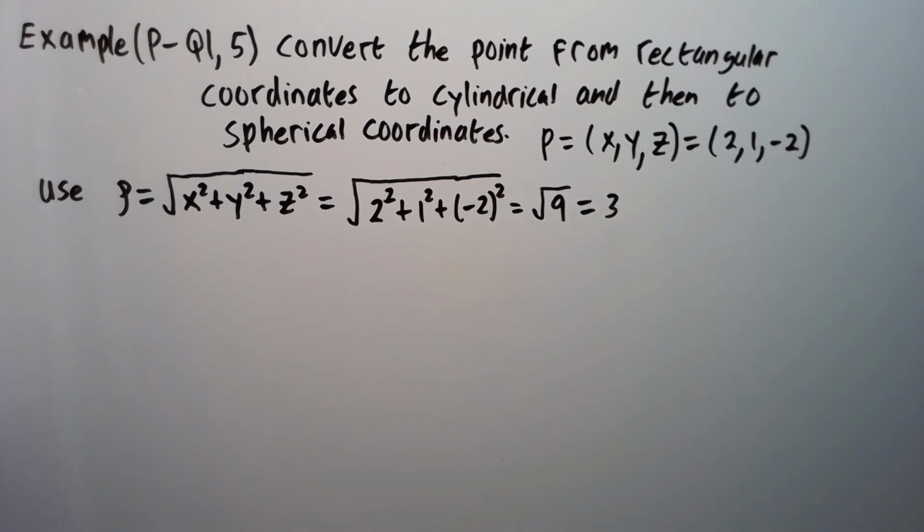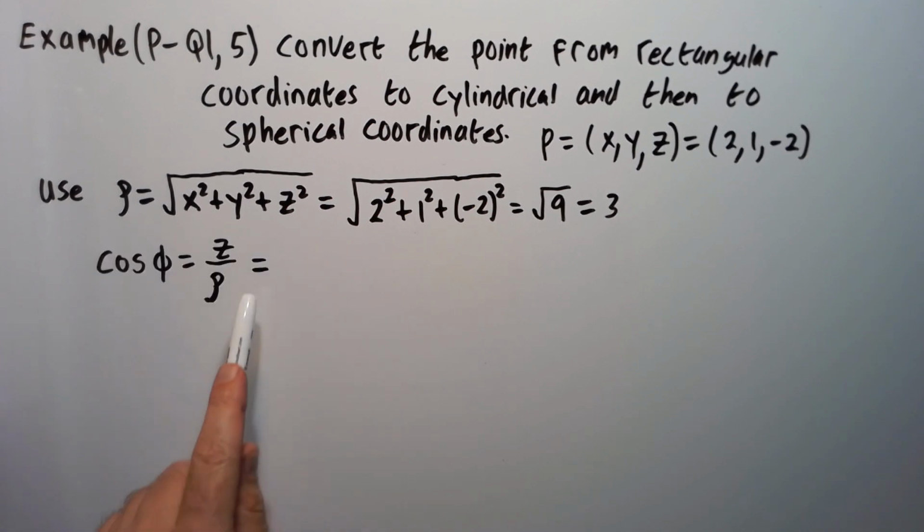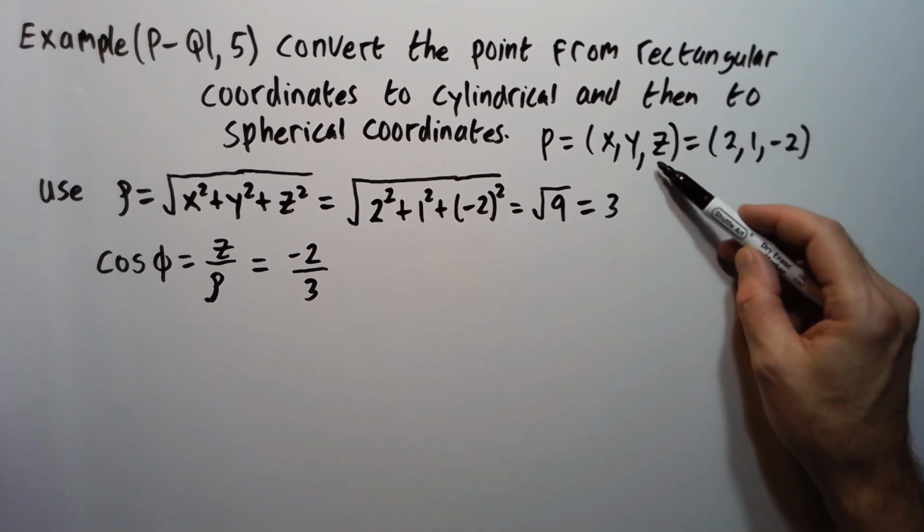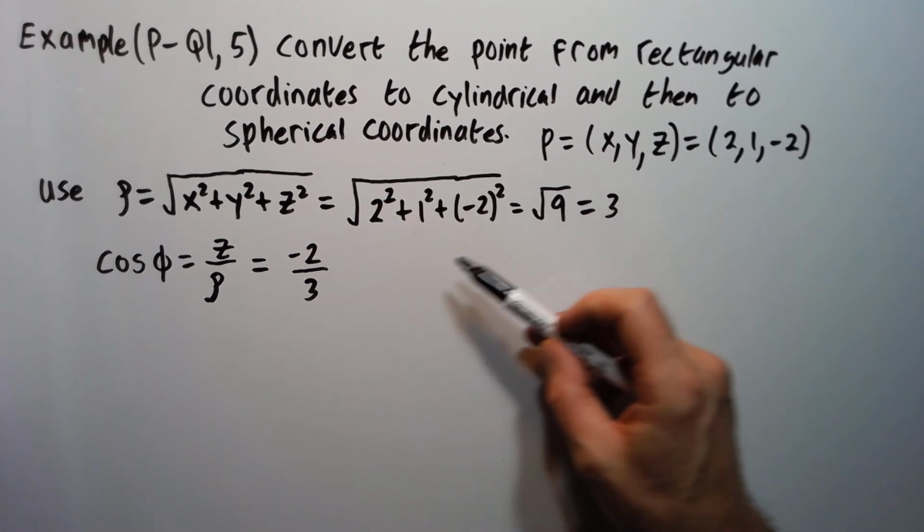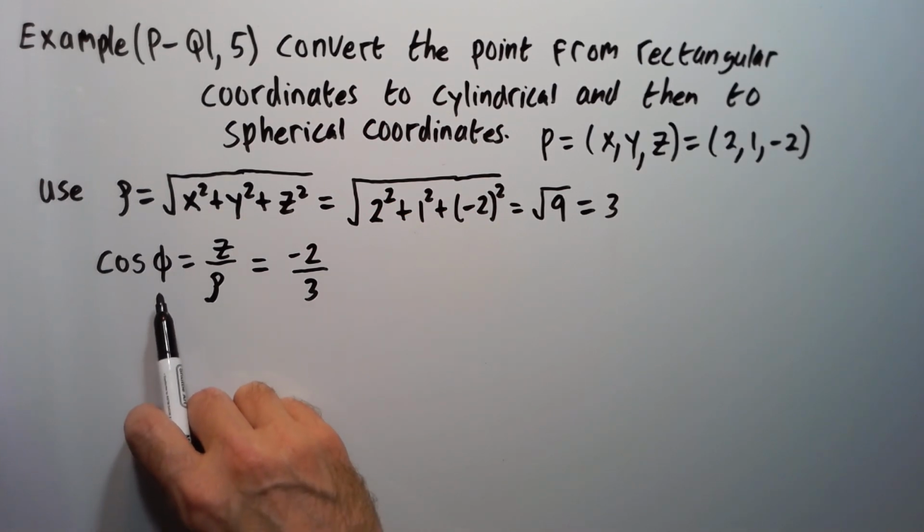Okay, so now let's find the phi angle. Let's first find the cosine of phi. The cosine of phi would be z over rho. We derived that when we derived the spherical coordinates. So our z is -2 and our rho we just found is 3. Now recall the phi angle is between 0 and π, or 0 and 180 degrees.